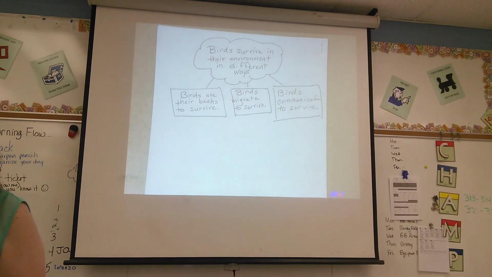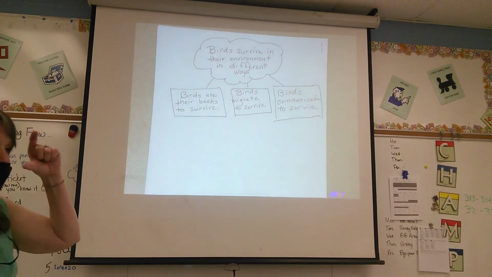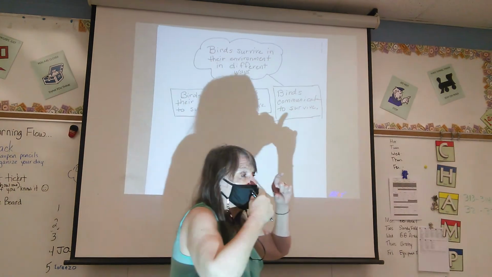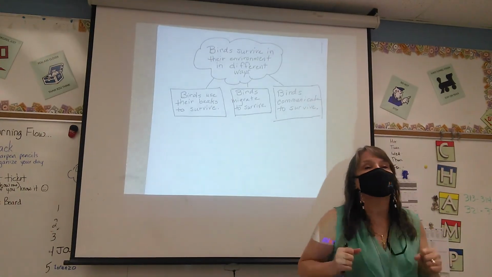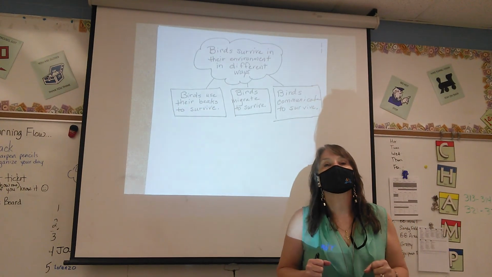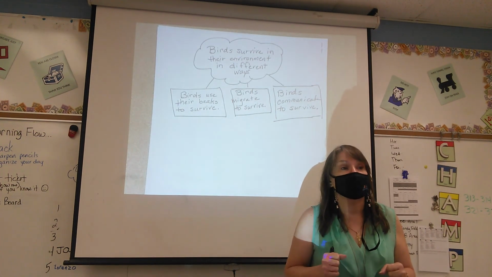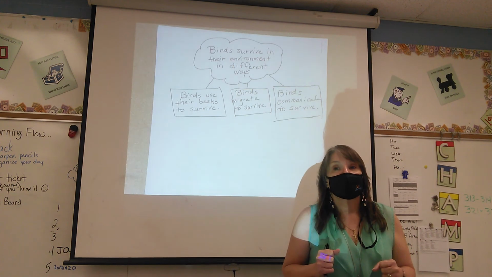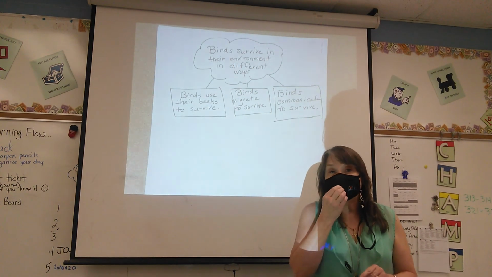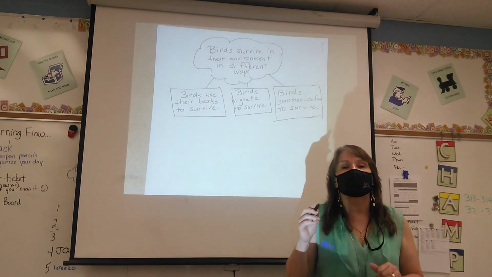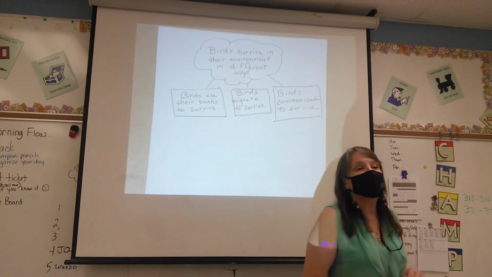So when you read through that source, make sure you have your glasses on and you're just looking for information about how they survive, how they live, how they protect themselves. Okay, so the next step in our workshop is for you to reread and look for details.